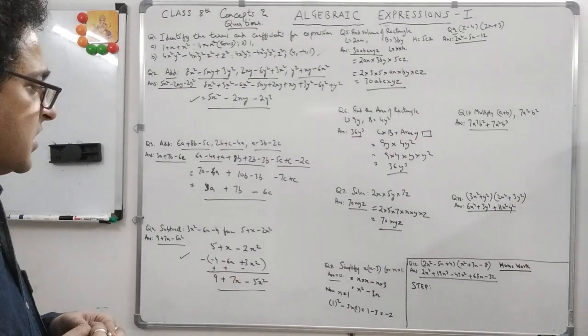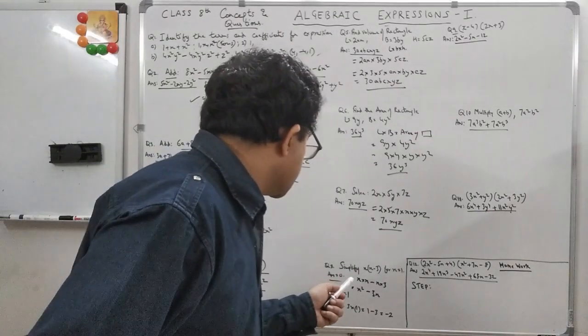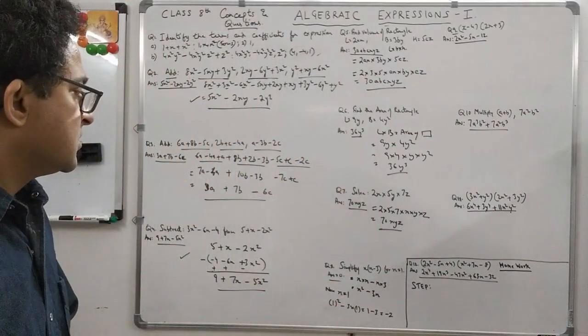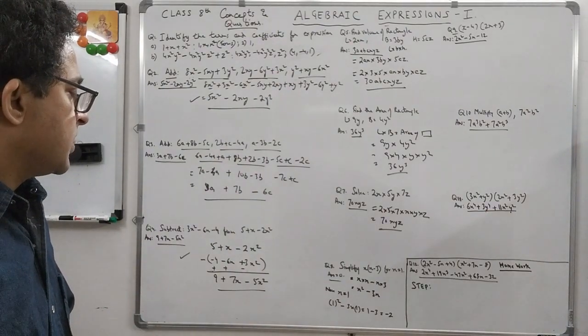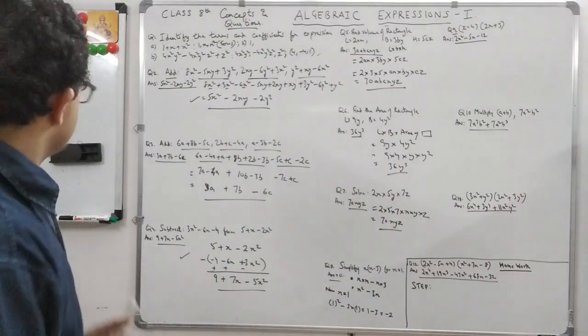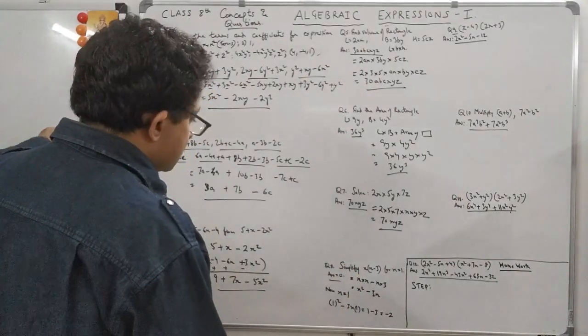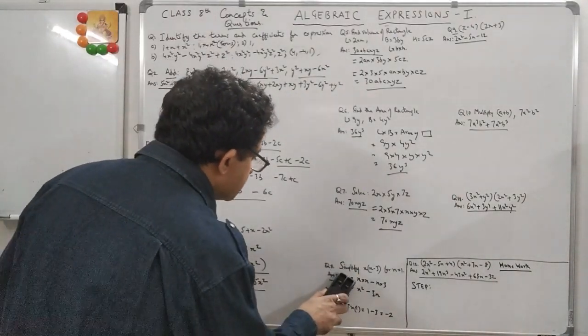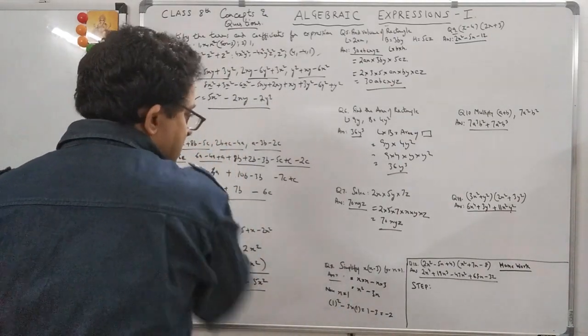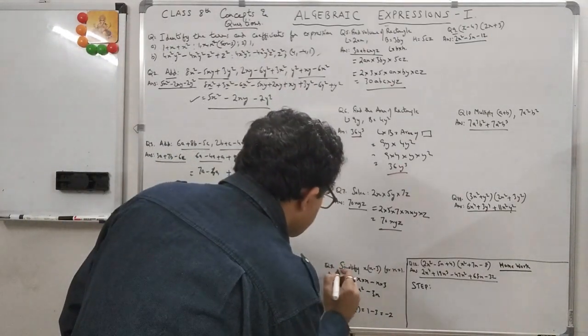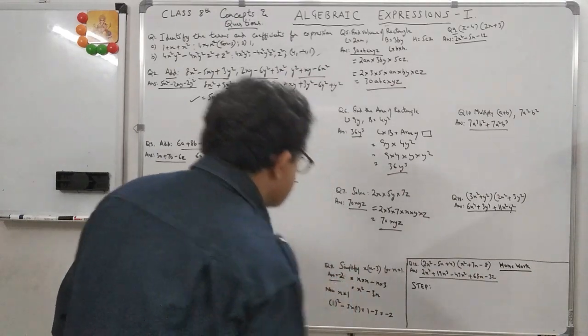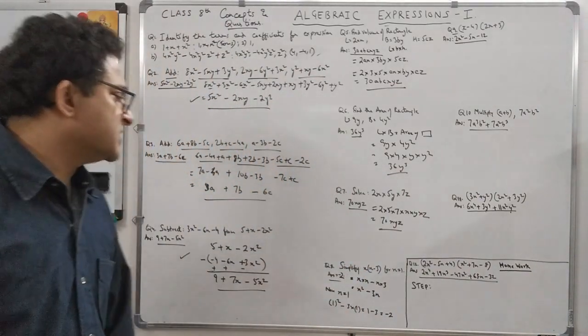Let me see again. No, this is not 0. This is the answer for simplify x into x minus 3. Sorry, the answer is not 0, this answer will be minus 2.